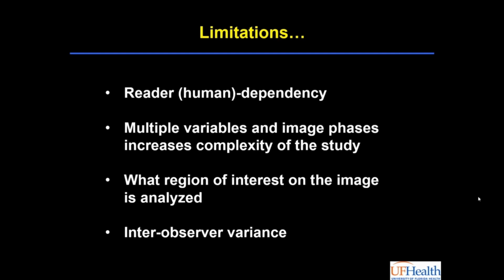And then the question is, what regions of the image are we actually analyzing? Because all these tumors have some degree of heterogeneity. So some bright spots, some dark spots, some areas of necrosis. And so what areas do you sample to determine what the tumor is is a limitation of these cross-sectional imaging. And lastly, there's inter-observer variance.